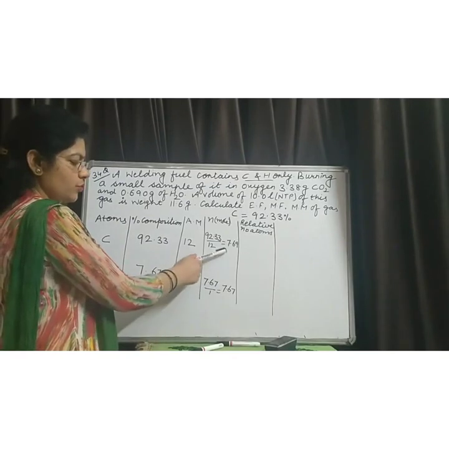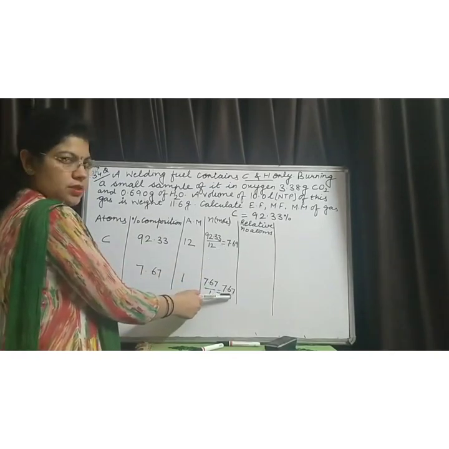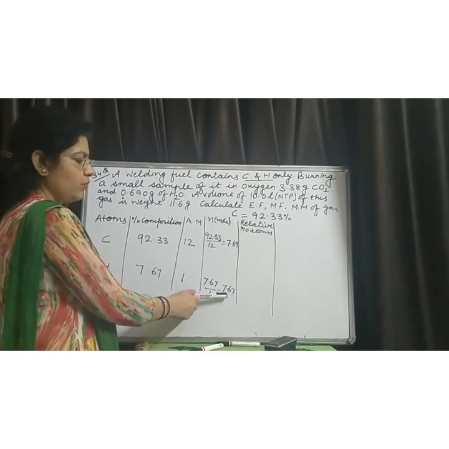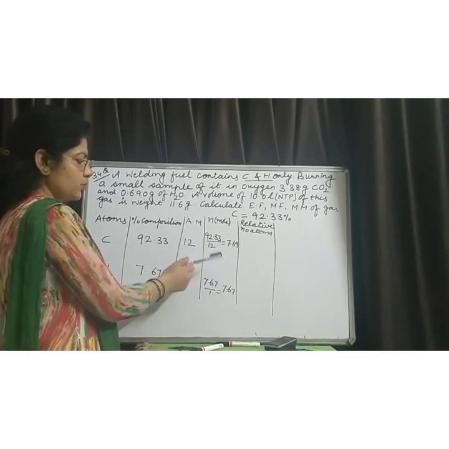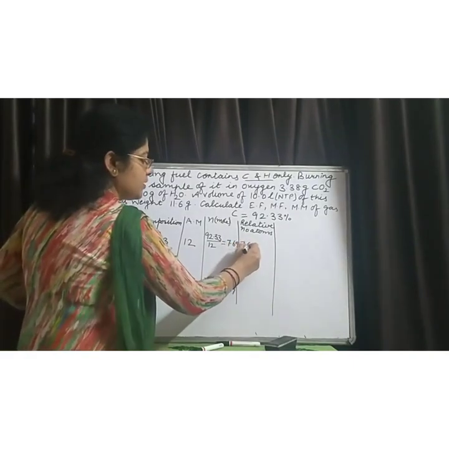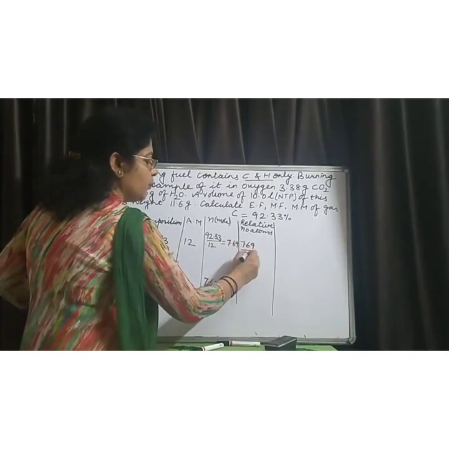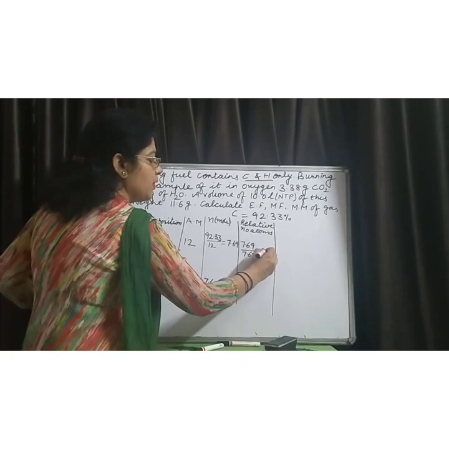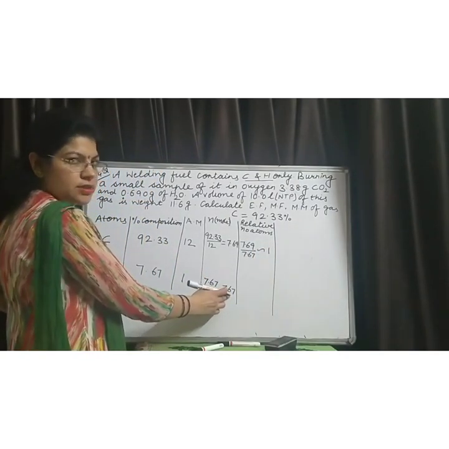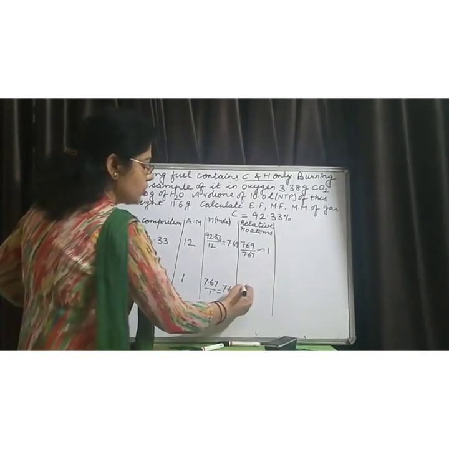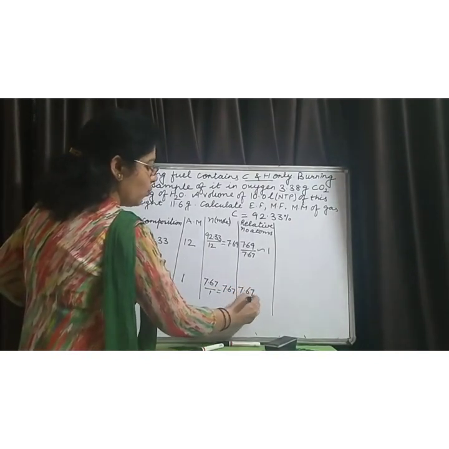In these two ratios, 7.67 is smaller, so we have to divide the other ratios by it. So 7.69 divided by 7.67 is approximately equal to 1. And when we divide 7.67 by itself, it also comes out to be 1.